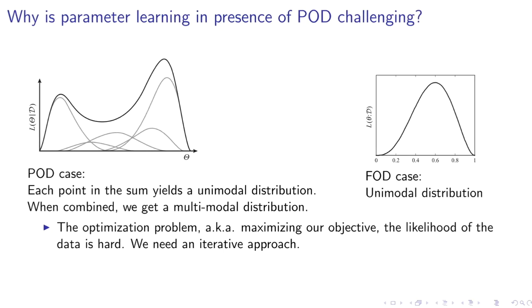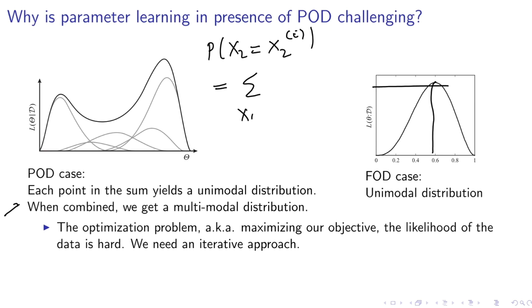What this slide shows is a pictorial view of the same thing that we talked about in the previous slide, and it demonstrates why parameter learning is challenging in presence of partially observed data. As we see, in the fully observed data case, our likelihood was nice and unimodal as well as decomposable, while in the partially observed data case, our sum was p of x2 equals x2I, which is equal to sum out x1 from p of x1 comma x2 equals x2I.